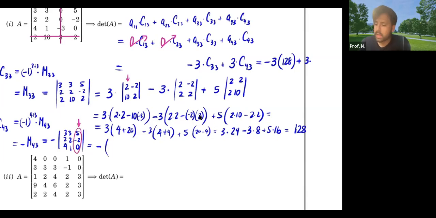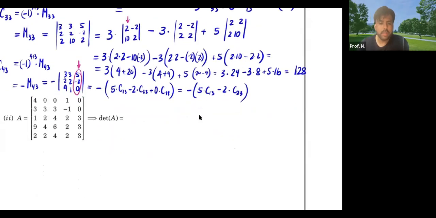What does that look like? It's gonna look like 5 multiplied by C13 plus negative 2 times C23 plus 0 times C33. But 0 times anything is 0. So I really have negative parentheses 5 times C13 minus 2 times C23. That's what I really have.